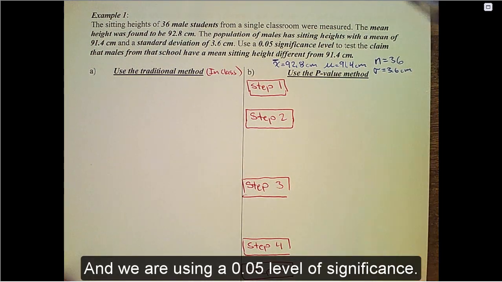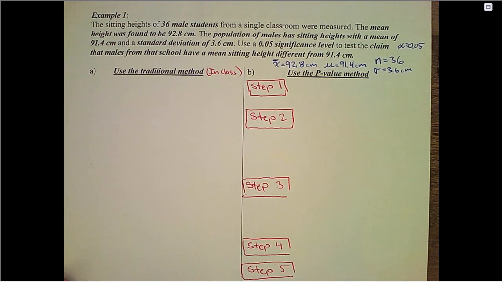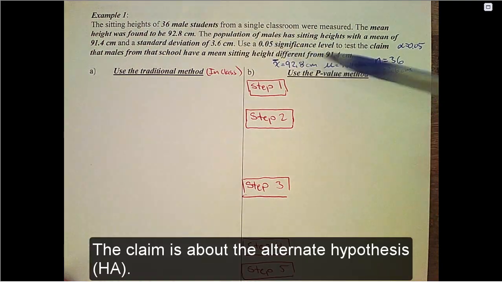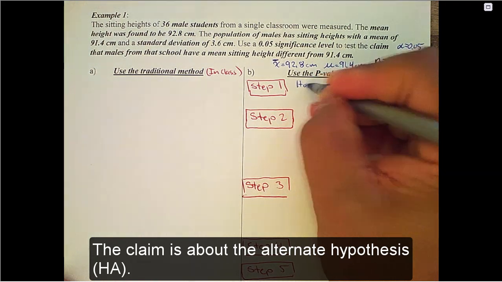And we are using a 0.05 level of significance. The claim is about the alternate hypothesis, HA.